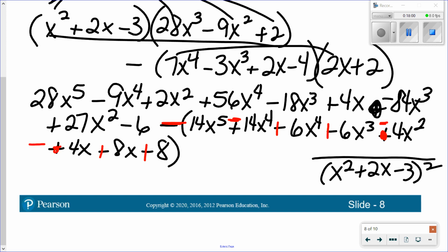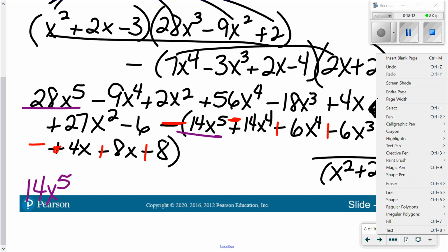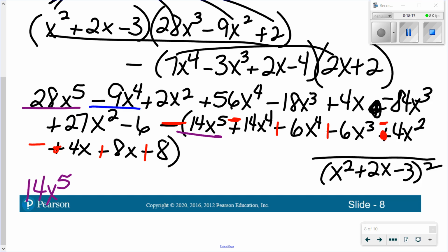All right, now let's try to match up our terms. Start with purple. Okay, we have an x to the fifth and x to the fifth. I think that's all of them. So we have 14x to the fifth. Okay, our fourths. Okay, we have 4, we have 4, we have 4, we have 4. Okay, so 20 minus 9, that'd be 11.